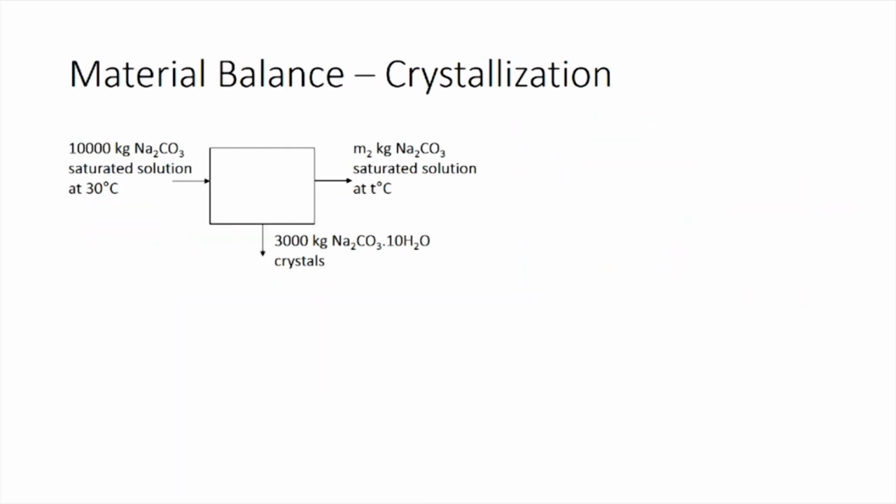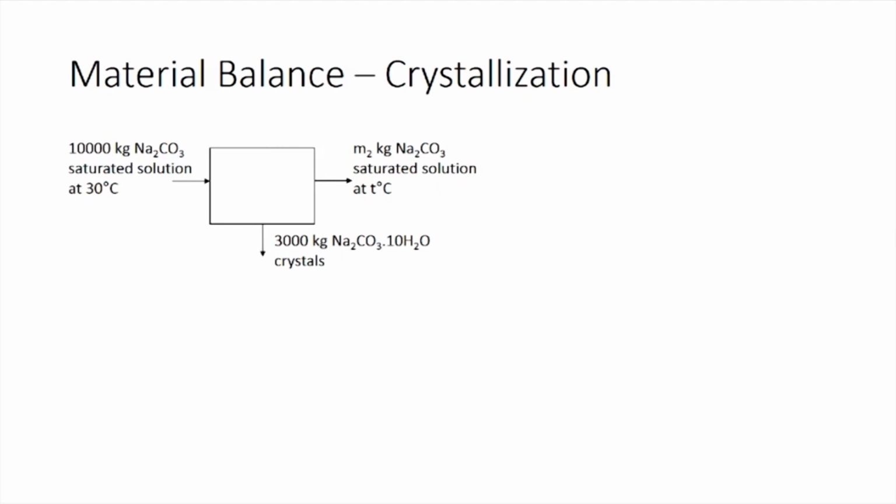Now that we have calculated the mass of Na2CO3 and the mass of H2O leaving through the saturated solution, we can calculate the solubility data for this particular stream. When we look at the solubility table which was given, we knew that the units which were used was grams of Na2CO3 per 100 grams of water. So, we need to calculate the same units for this particular stream also.